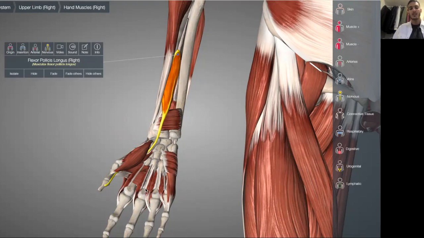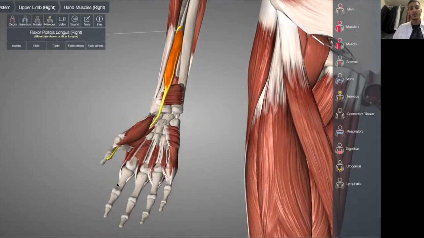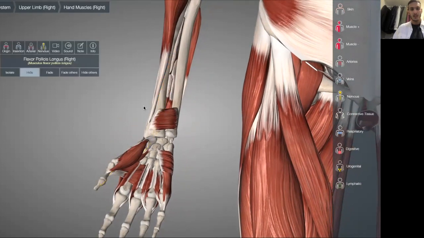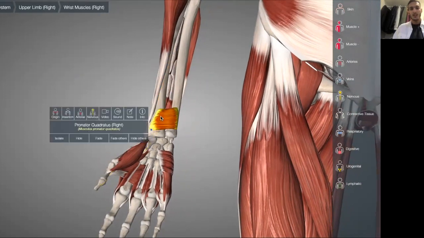The profundus and the superficialis flex the digits, and this one flexes the thumb, hence pollicis. Pollicis is thumb. Hide. Finally, you have the pronator quadratus. Three muscles in the deepest layer of the flexor muscles of the forearm.